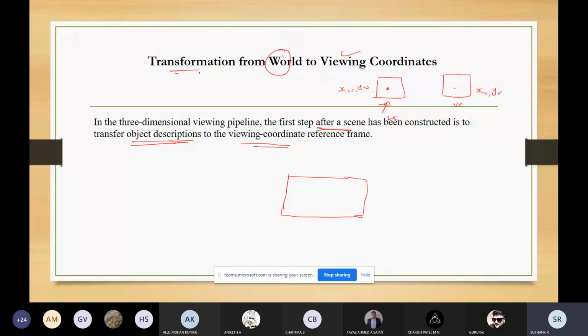We have studied three kinds of basic transformations: translation, rotation, and scaling. So the first step is to construct the scene.